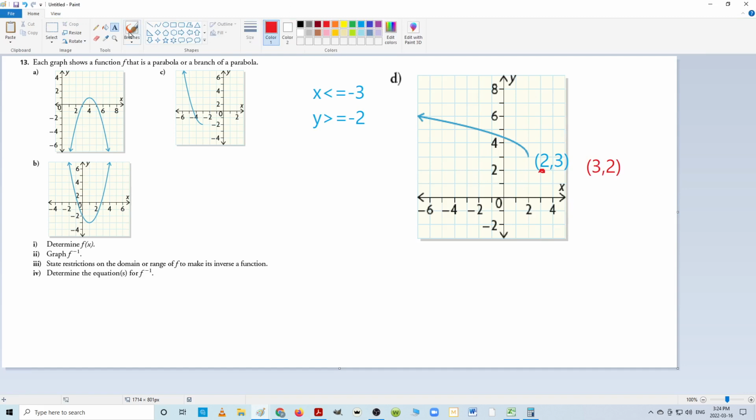And I should also immediately note the domain restrictions of this, which are x is smaller or equal to 2, and y is bigger or equal to 3.